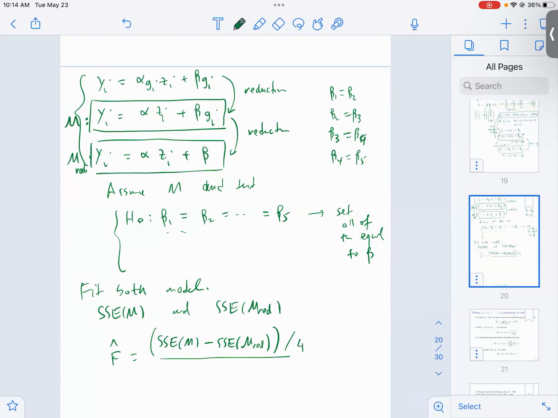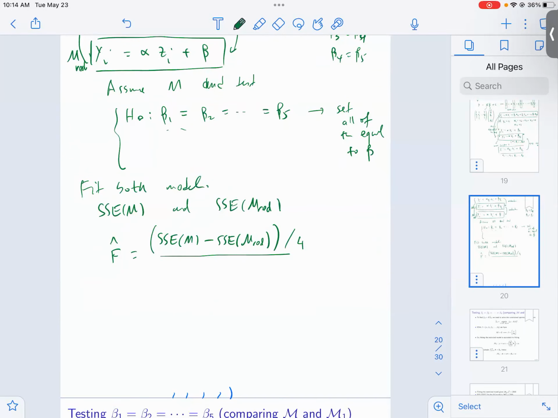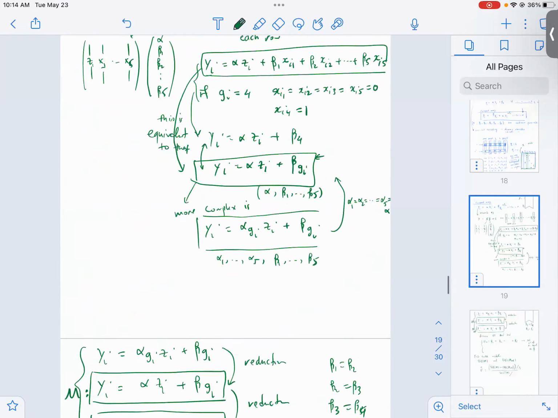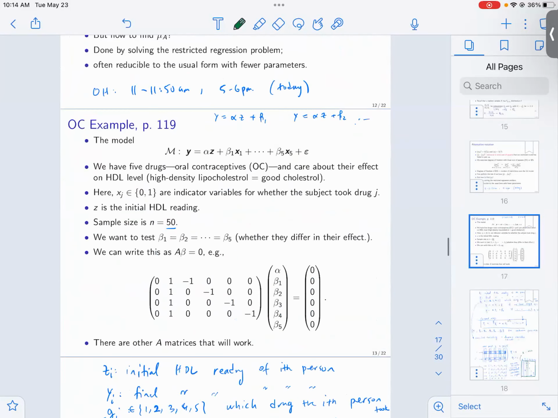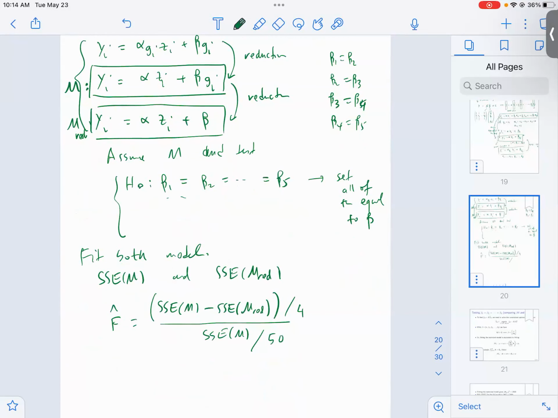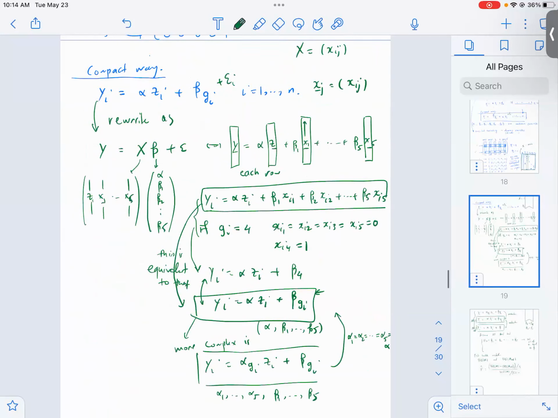So how about the denominator? We compare to the SSE of the full model. So SSE of M divided by N minus D. N here in our case is 50, right? So 50 minus the number of parameters of the full model. How many parameters do we have in the full model? Full model is this one.